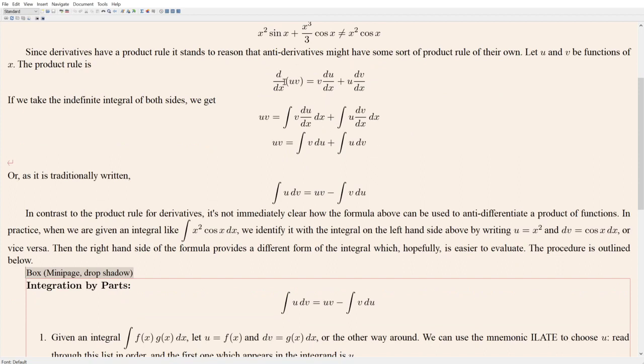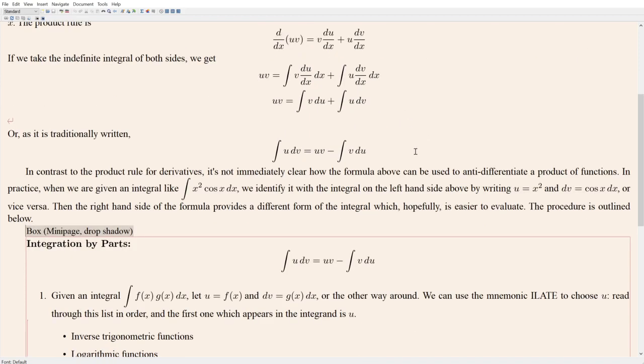Now, let's antidifferentiate both sides of this. So the antiderivative of this, well, that's just going to get rid of the derivative so that we have uv back. And then antidifferentiate these two terms. Well, as the notation suggests, we can cancel out the dx's, quote unquote. Trust me, this works.